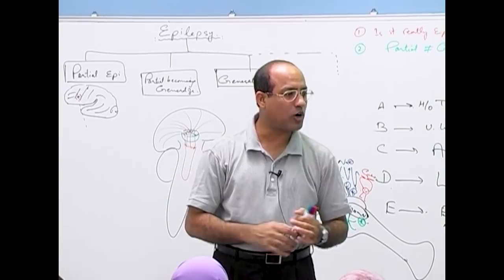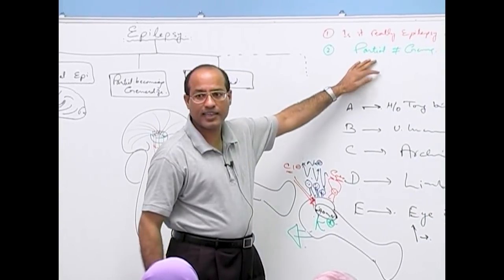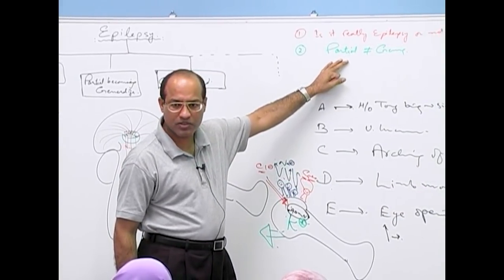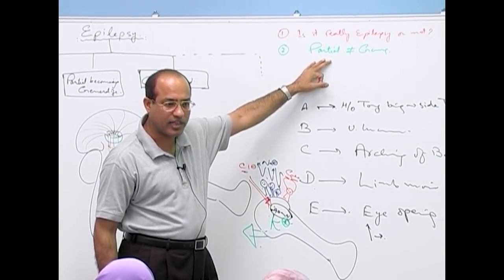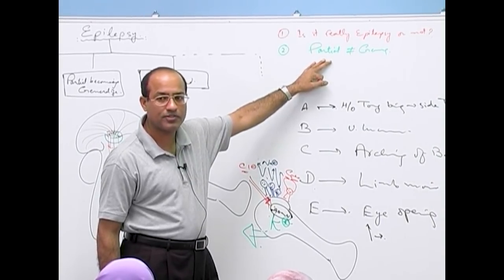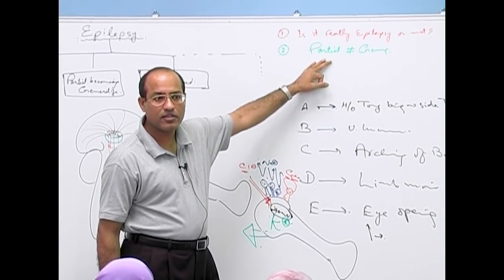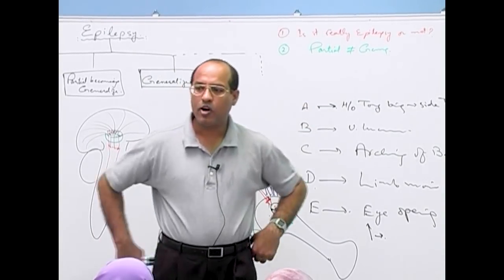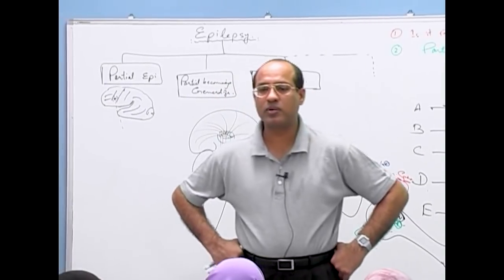Is that right? So how do you truly decide whether a case is partial or not? Either from the EEG you can find electrical evidence, or there is clinical evidence in which the onset of the attack is referable to one hemisphere. But in some cases, the onset of the attack cannot be referred to one hemisphere.